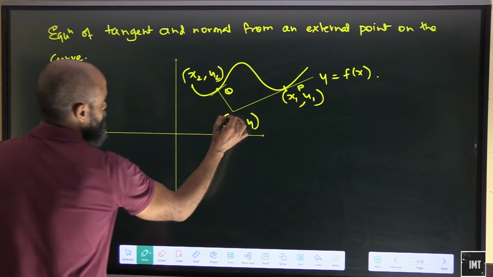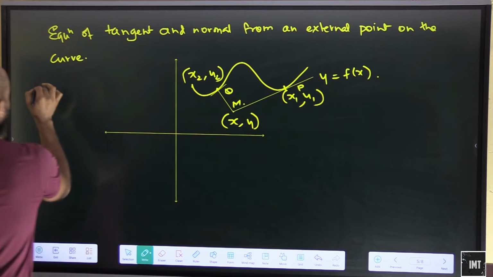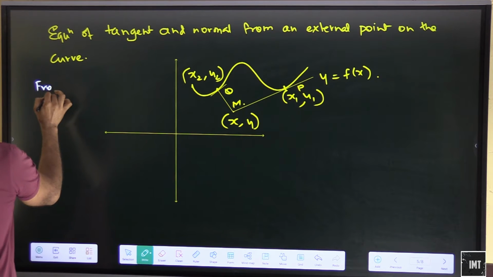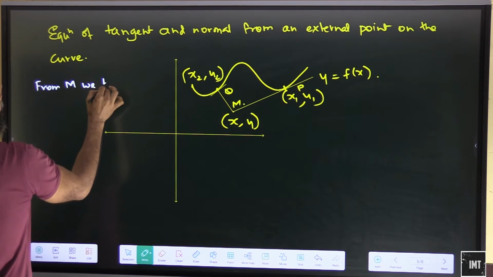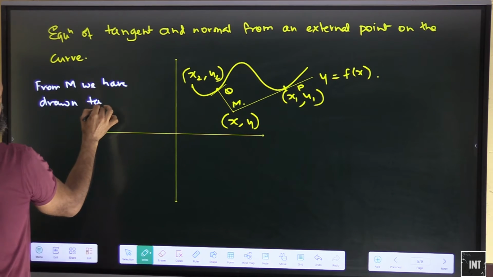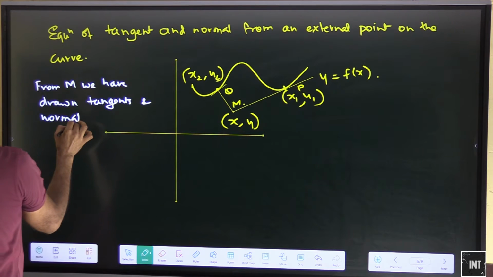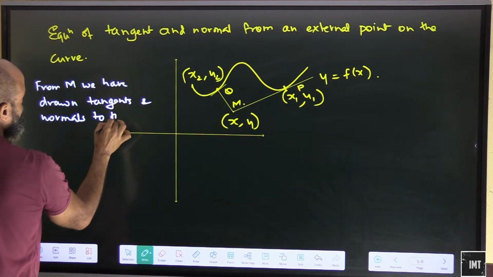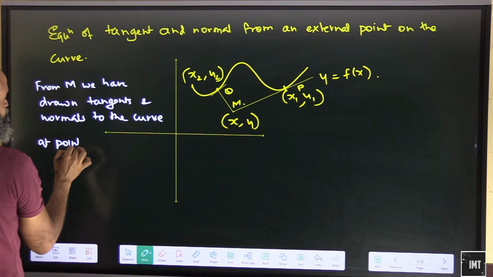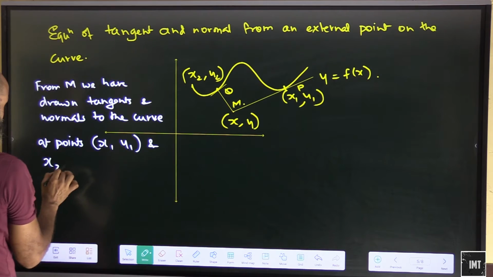Okay, so let's calculate the equation of tangent and normal from an external point on the curve. Let's say this external point is M. So from M we have drawn tangents and normals to the curve at points x1 y1 and x2 y2.